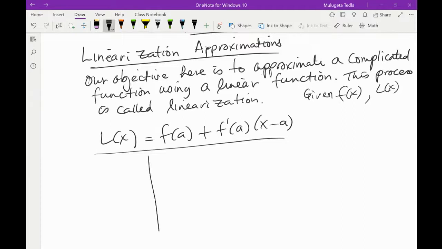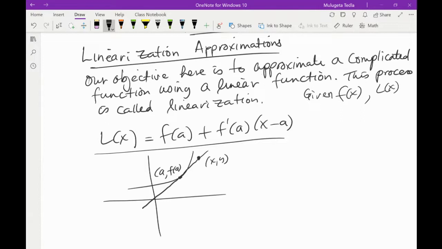So if we take a line here, a tangent line, and this is a and f of a, you can take x and y as a point.